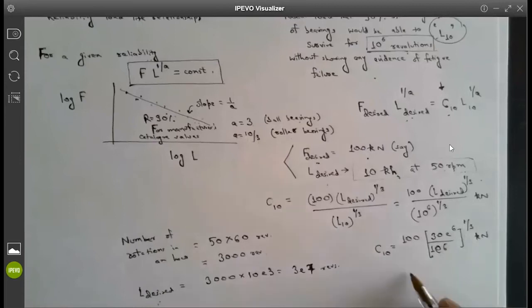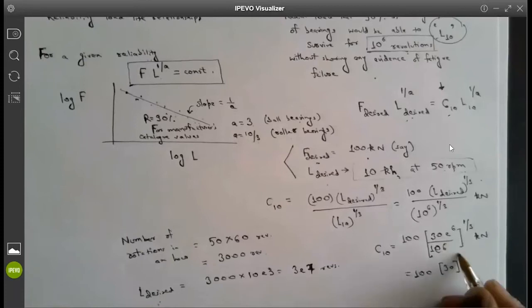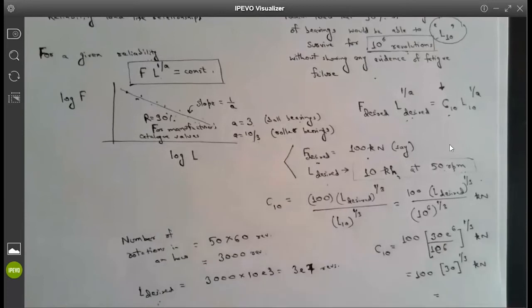So it becomes 100 times the cube root of 30, that much. Can somebody carry out the calculations and let me know what the number would be? I don't have a calculator, so you guys have to help me with the value.